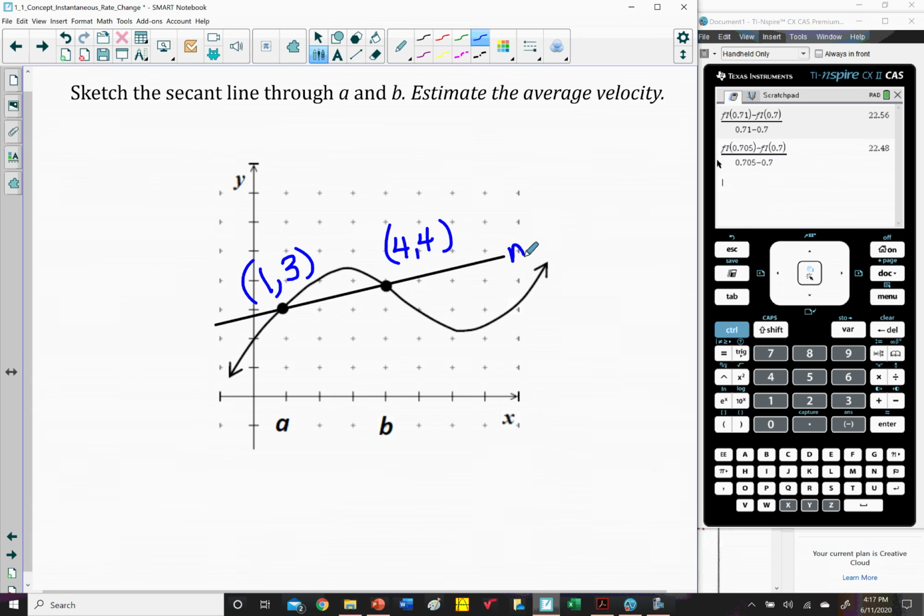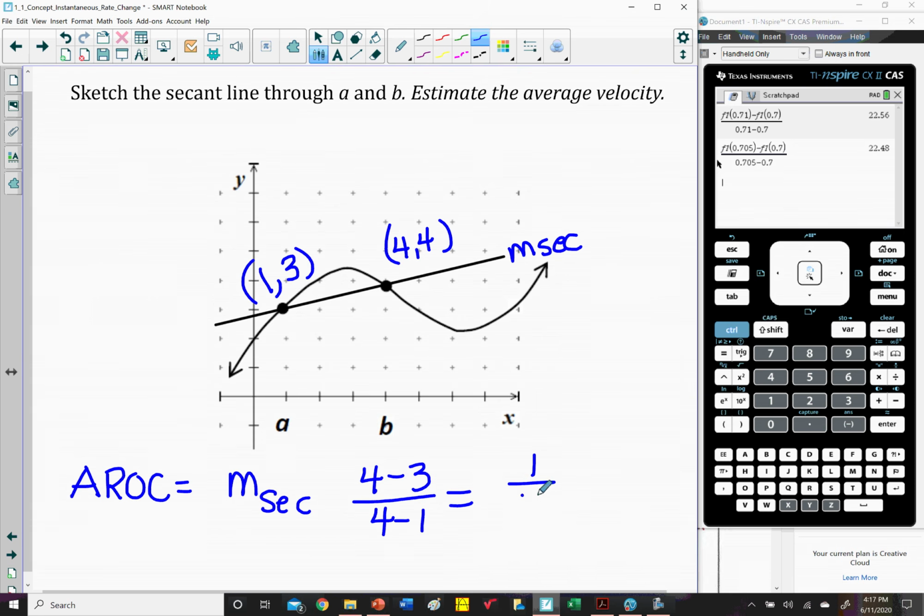This line here is my secant line. M secant is the average rate of change, is the slope of the secant line, and we're passing through (4, 4) and (1, 3). So our average rate of change, or average velocity, is a 1 to 3 ratio.